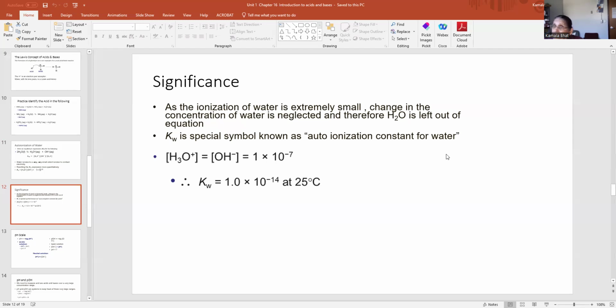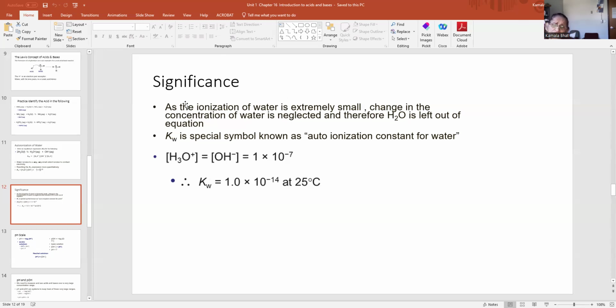Now, 10 raised to minus 7 means that the concentration of H3O+ is equal to OH-, and in 10 million liters of water, you have 1 ion of H3O+ and OH-. And therefore, the ionization of water is extremely small, and so the change in the concentration of water can be neglected, when we calculate the equilibrium constant for any acid or base.